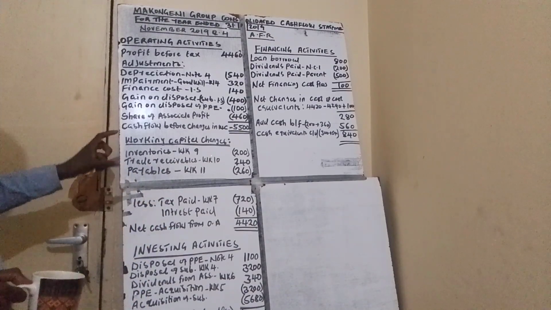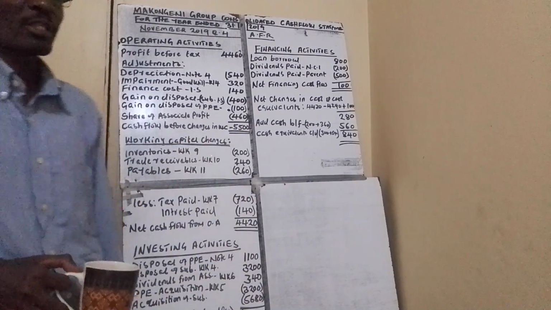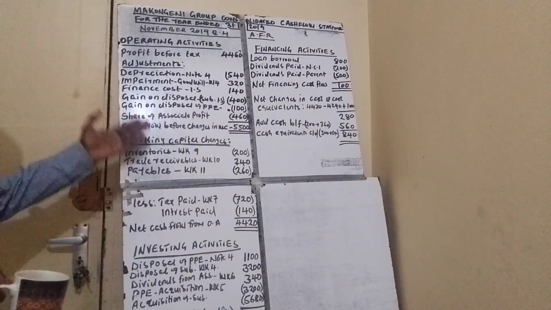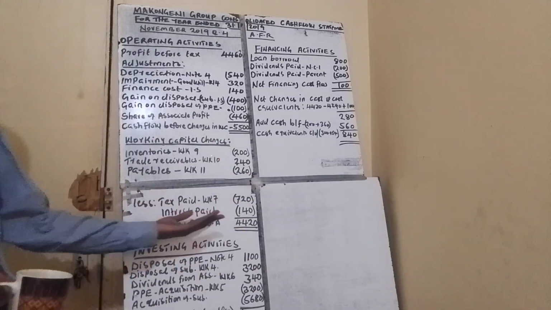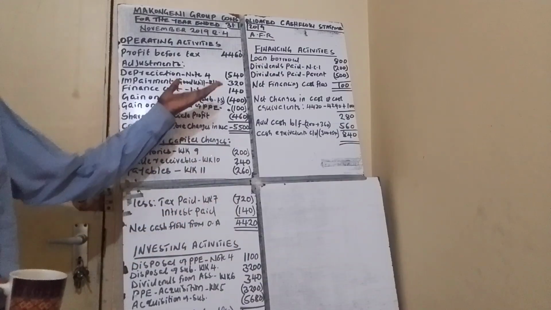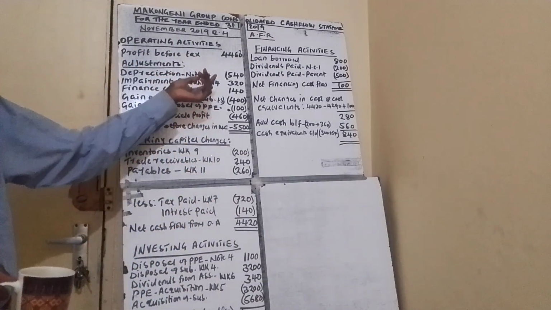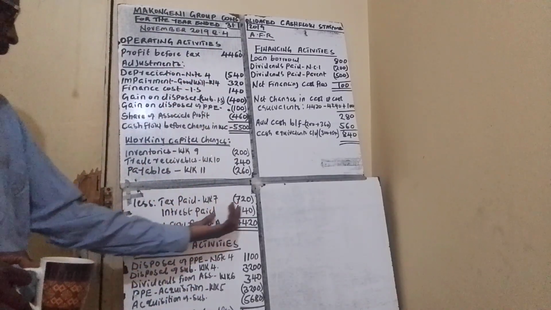So I'll show you what I mean by the working capital changes, but be conversant with how to prepare the T accounts for assets and liabilities. Then after that, you'll be deducting tax and interest. See this interest there, most of the time it is misplaced. It is subtracted before this particular tax here, and therefore it has to be deducted down here.